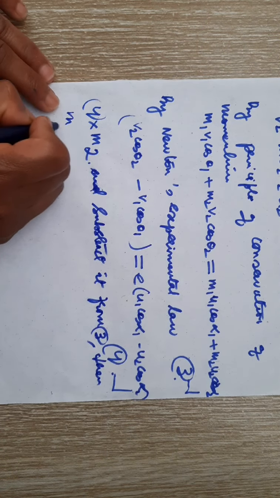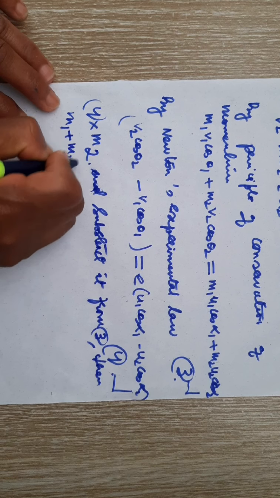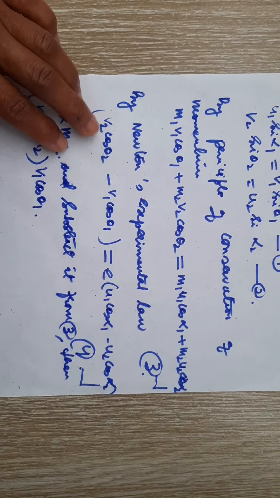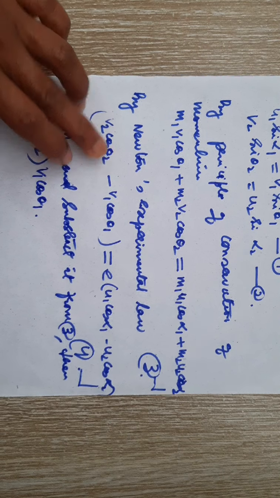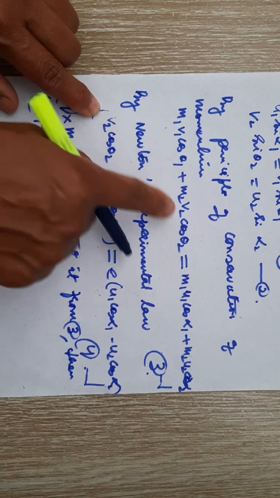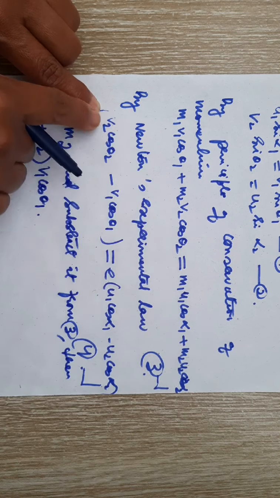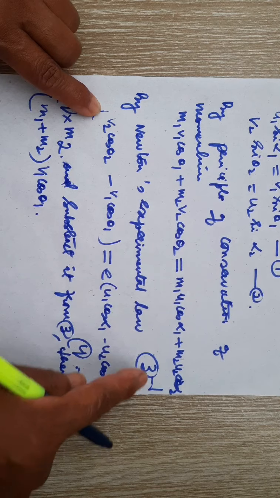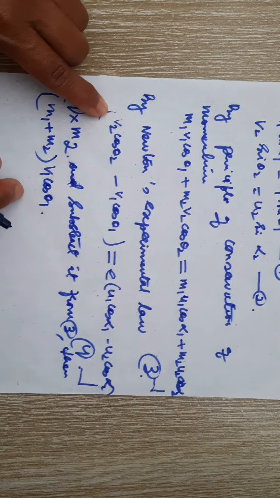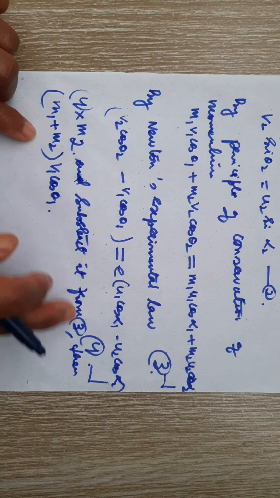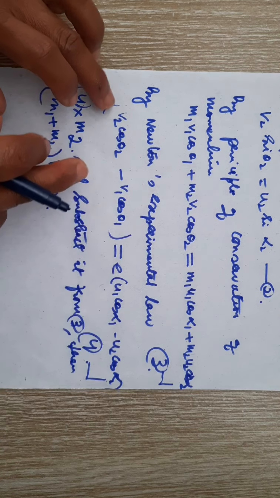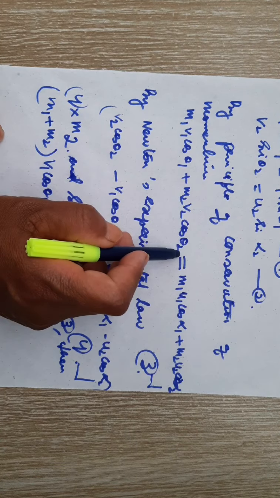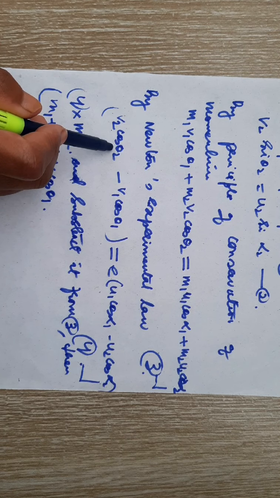Some terms will be cancelled, so the remaining terms will be m1 plus m2 into v1 cos theta 1, because we want to cancel v2 cos theta 2. After multiplying by m2, you have m2 v2 cos theta 2 in both equations, and on subtracting, m2 v2 cos theta 2 and m2 v2 cos theta 2 will be cancelled.